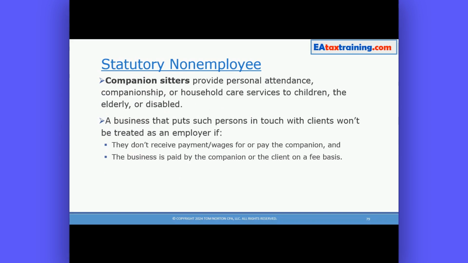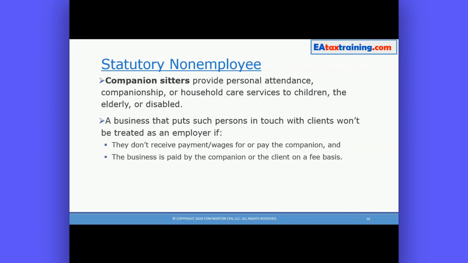For companion sitters, the rules are a little bit different. This is for someone who provides personal attendance, companionship, or household care services to children, the elderly, or the disabled. A business who puts such persons in touch with clients will not be treated as an employer. So this would be like an agency that matches companion sitters with people who need companion sitters.